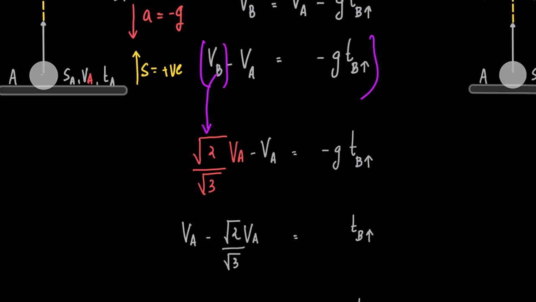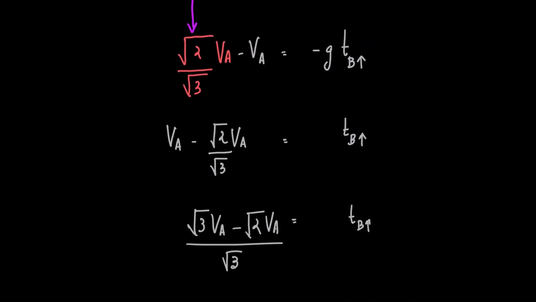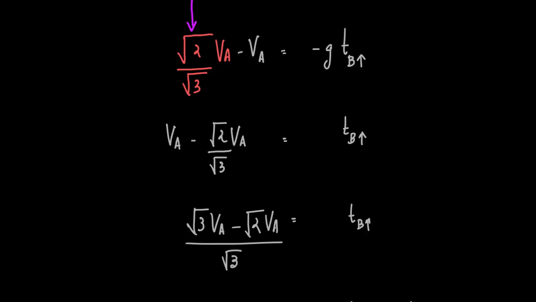Okay? Right. So root of 2 by 3 VA minus VA is, I'm just transposing this, minus G. Wait, did I skip a step here? Oh, I did skip a step here. Sorry, my bad. This should be GTB. All I have done is remove this negative here. So that becomes minus root 3 VA.